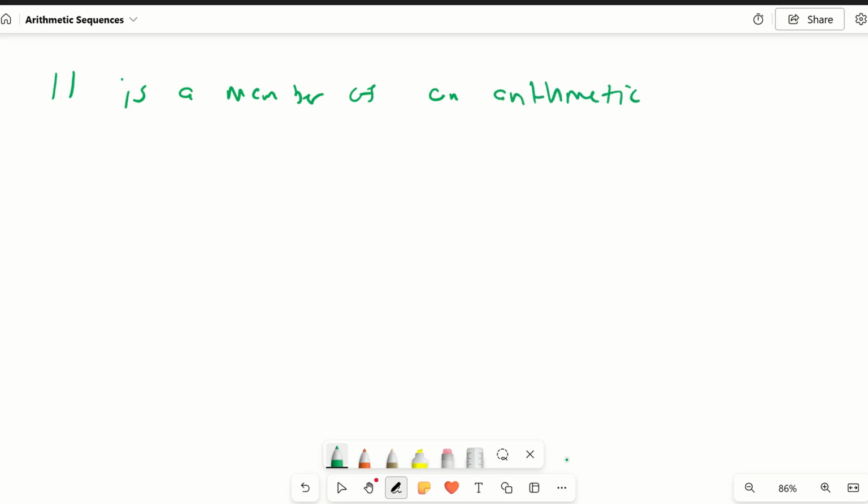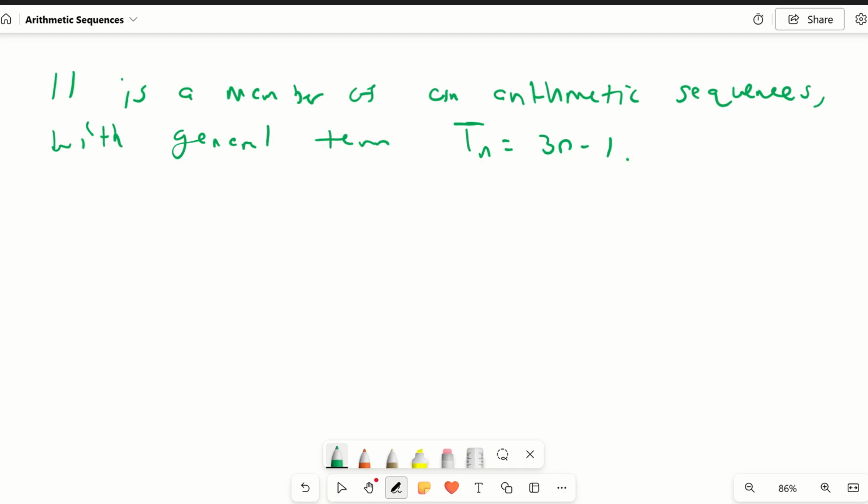Remember that arithmetic just means linear sequence, the same thing, linear sequence or linear pattern. 11 is a member of an arithmetic sequence with general term Tn equal to 3n minus 1. This is the question that you get in the exam.